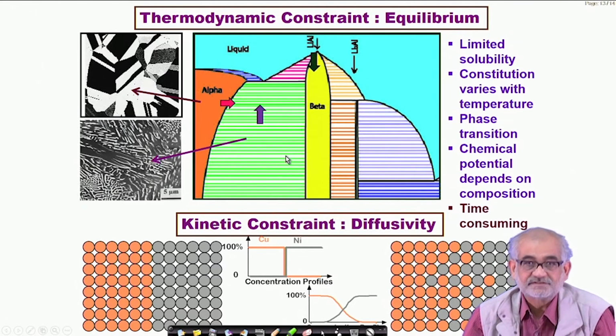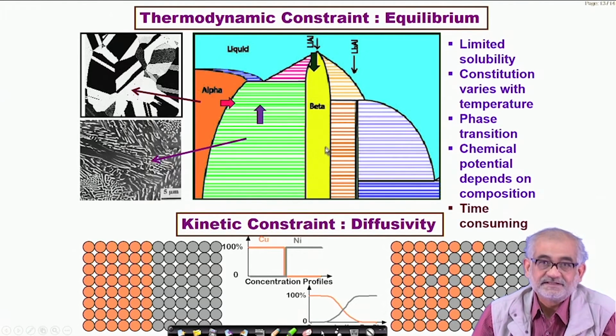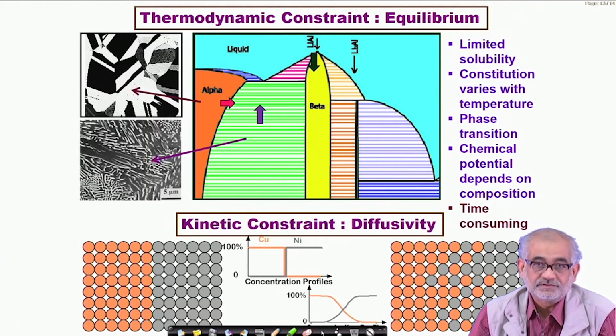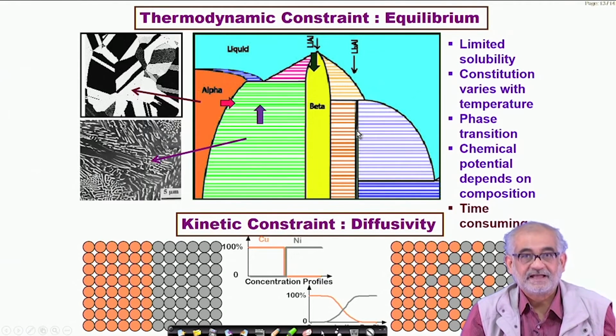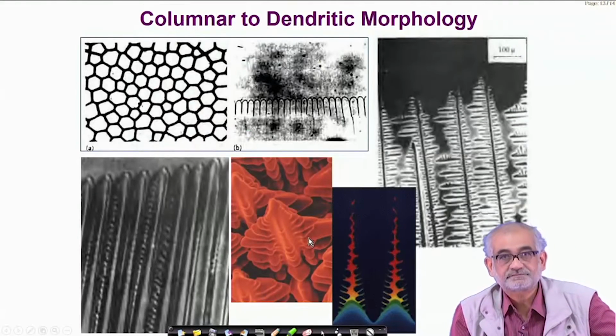In simple words, when we want to design a solid, we must realize that these two constraints have to be considered and adhered to, and if we want to define, then we must know what is the limit we are dealing with so that we can define them. And these two constraints are coming from thermodynamic and kinetic origin.